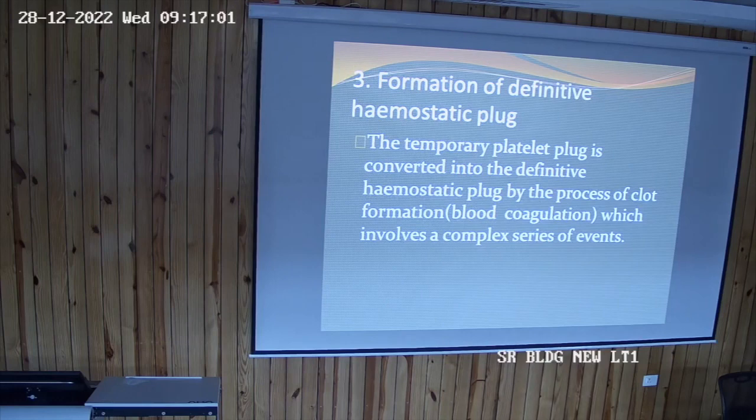Dense granules are bigger granules, when we compare alpha and dense. A number of chemicals are present, but most importantly, they are responsible for storage of calcium.